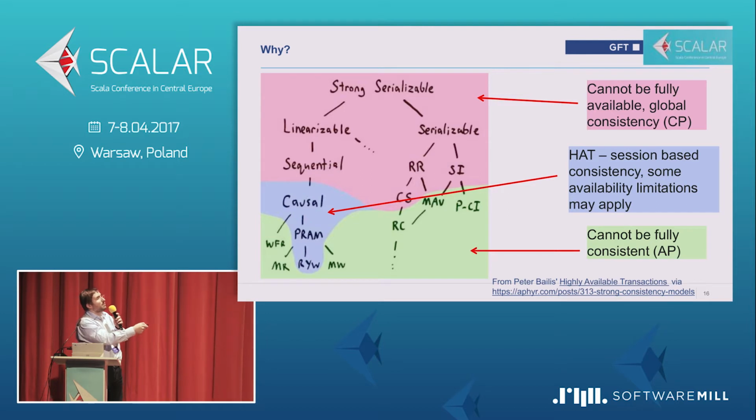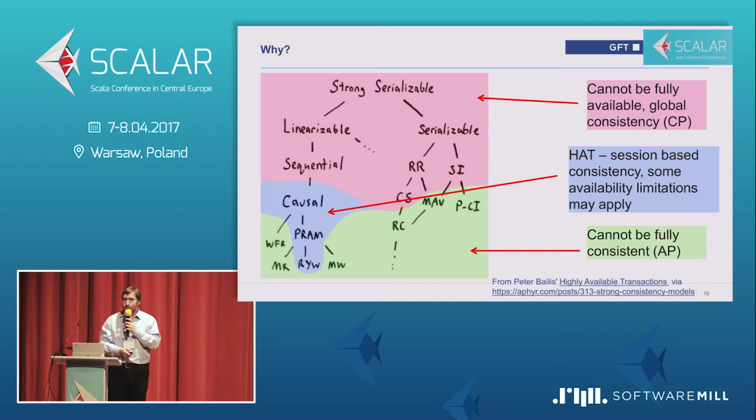This is linearizable. So there is one linear history of everything that has happened. And this is, if you did everything on a single computer, what would you get? And sequential is almost the same, actually. And from the CAP theorem, we know that this is consistent, because this is exactly the definition of consistency in the proof of the CAP theorem.